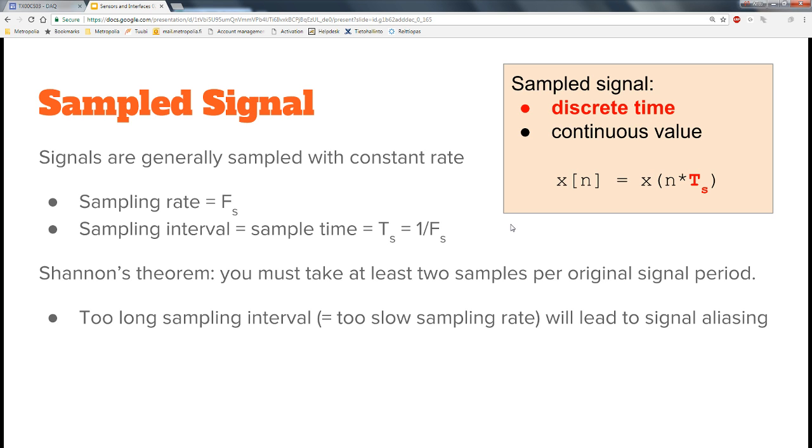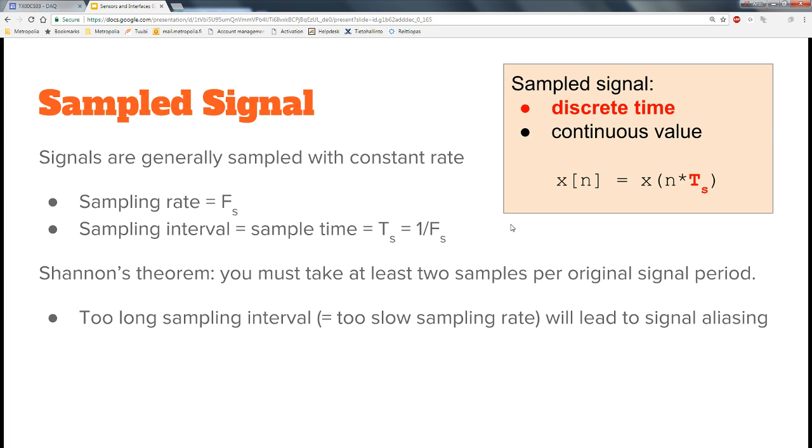We basically have to have at least 2 samples for each period, meaning that the highest frequency you can reliably detect with the sampling rate Fs is half of that Fs.